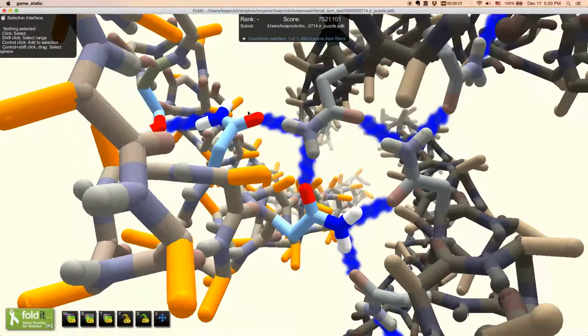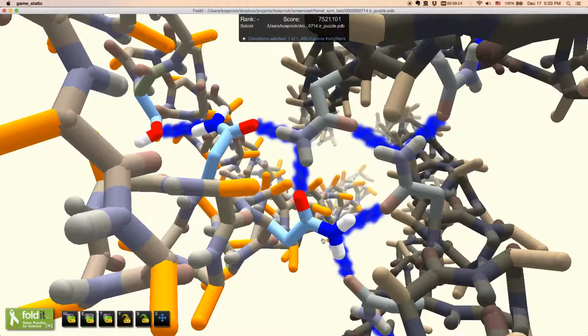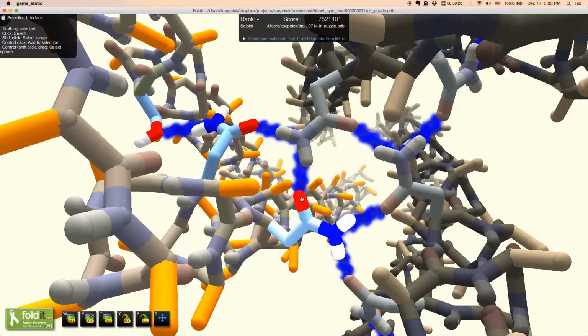And now if we look at this network, we see that there are 1, 2, 3 polar atoms, or 3 hydrogen bonding atoms on this residue. There are 1, 2, 3 hydrogen bonding atoms on this residue, and there are actually 2 on the serine over here.